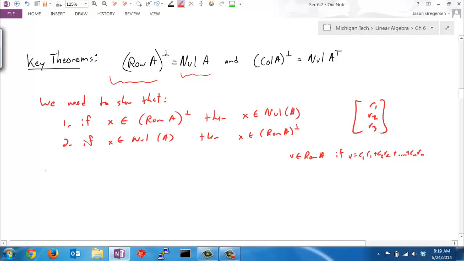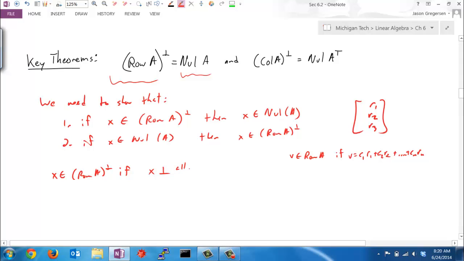So X is in the row space of A perp if X is perpendicular to any of these V's. It's perpendicular to this thing for all of the C1, C2, Cn's, all the possible linear combinations of these things. If X is always perpendicular to that, then it's in the row space of A perp.